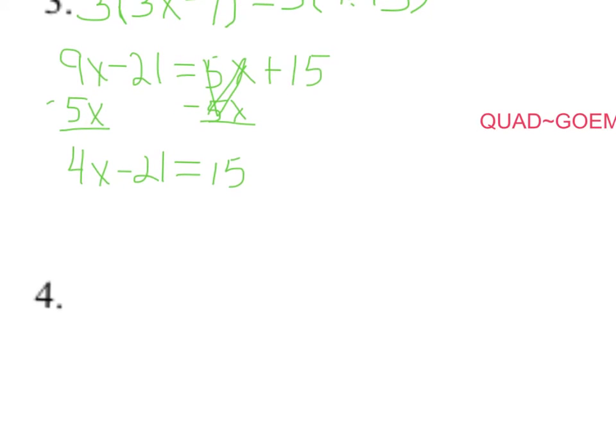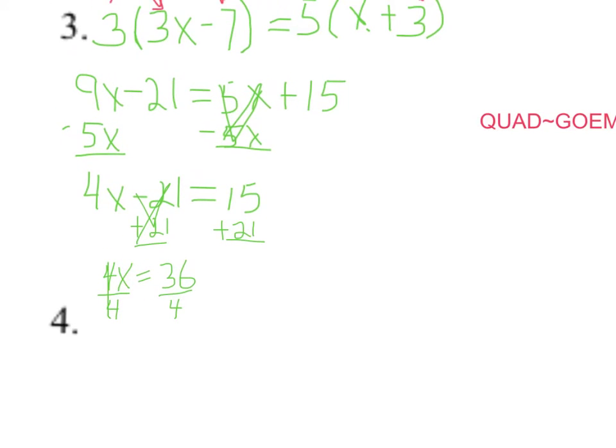We would then add our 21 to both sides. And again, 21's cancel out over here. We end up with 4x equals 36, dividing by 4, and we cancel the 4's. X equals 9.